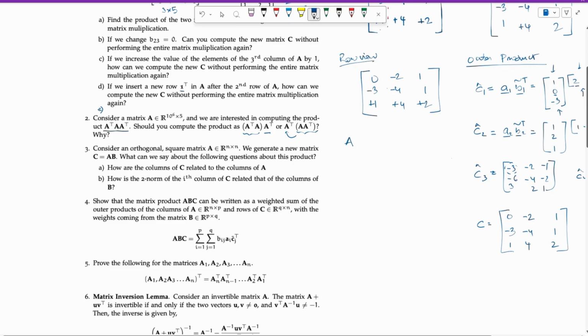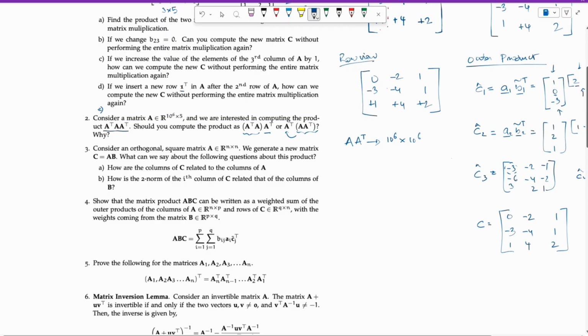Correct, A into A transpose, what does that give me? What is the shape of the matrix it gives me? 10 power 6 into 10 power 6, okay. How many elements does this matrix have?